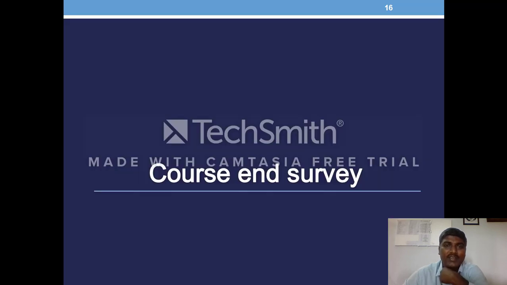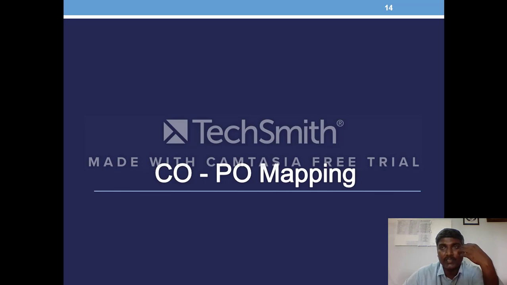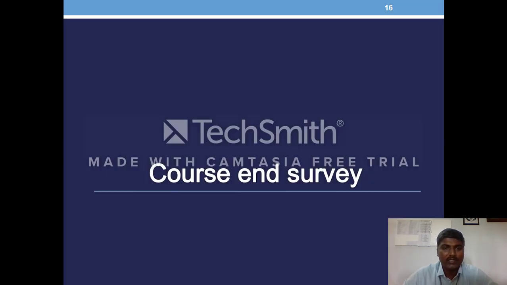Okay, so this is what is CO-PO mapping. That is nothing but how each course is going to contribute to the program outcome that a student has to attain at the end of the program.